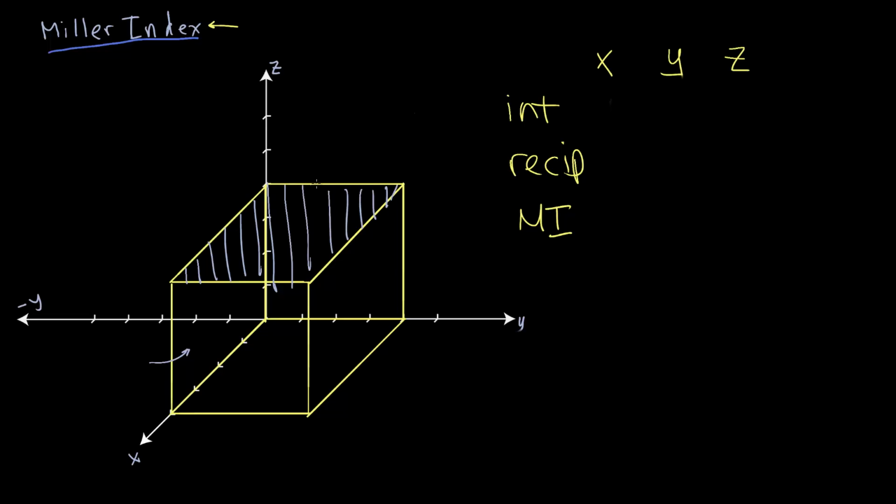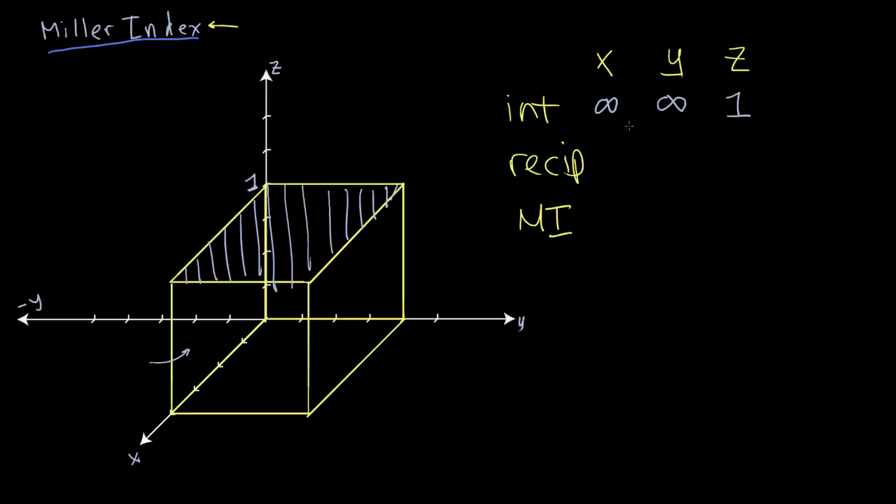So we can use the same exact procedure as before, except this time our plane does not intersect x or y instead of y and z. So we call the intercept for x infinity, the intercept for y infinity, and then we are defining the intercept for z as 1.